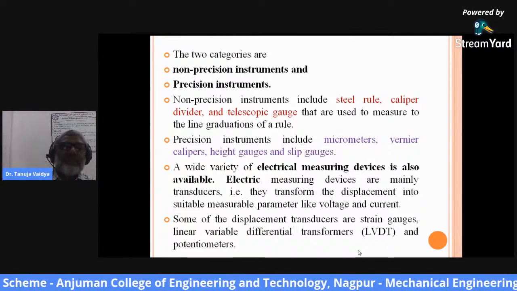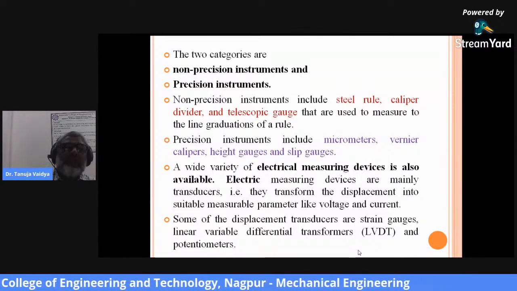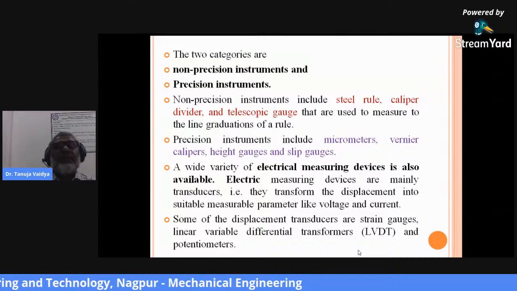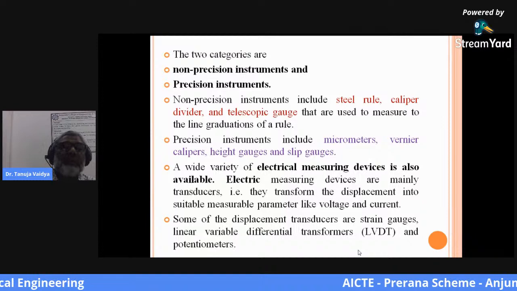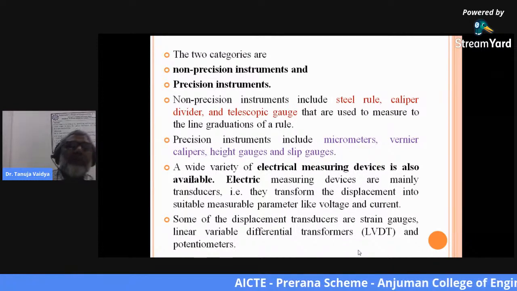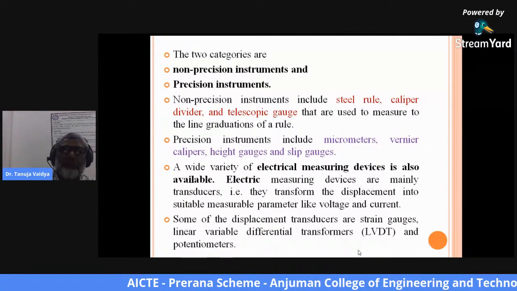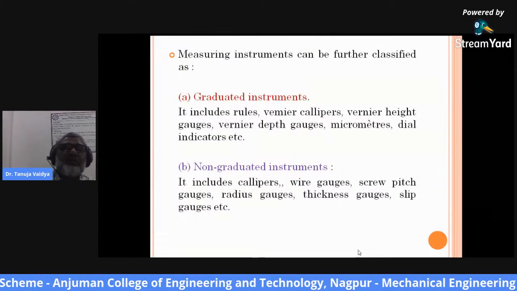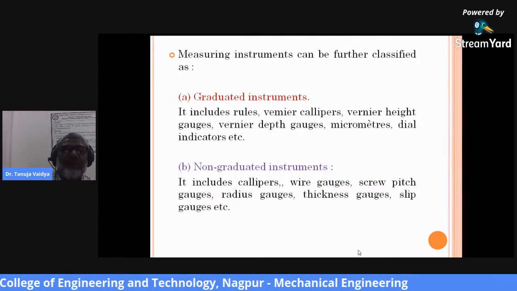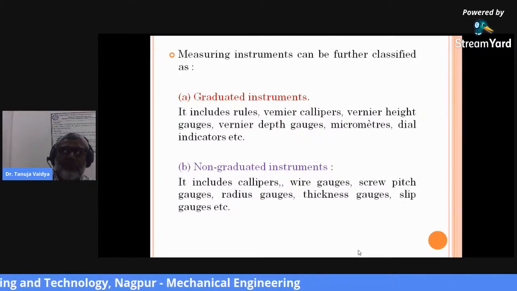So line standards and end standards are there, and depending upon them, the instruments can also be categorized. We have categorized here, for our simple understanding, the instruments into non-precision instruments and precision instruments. Major instruments can further be classified, as I have already told, into graduated instruments and non-graduated instruments.